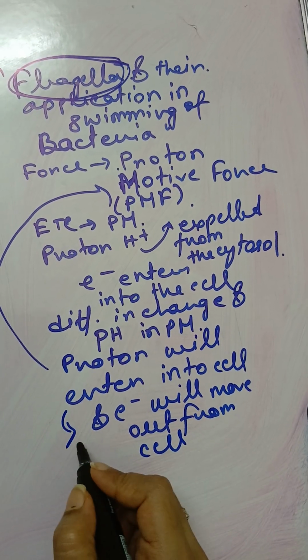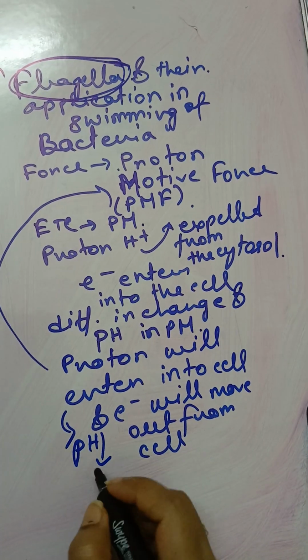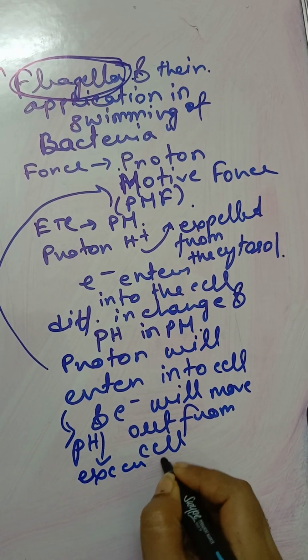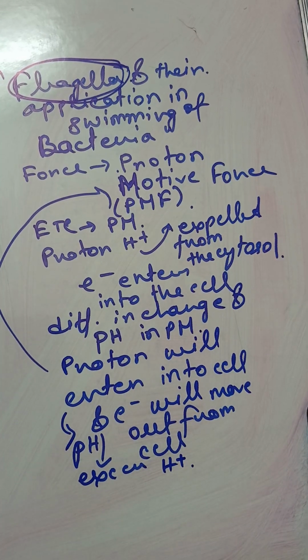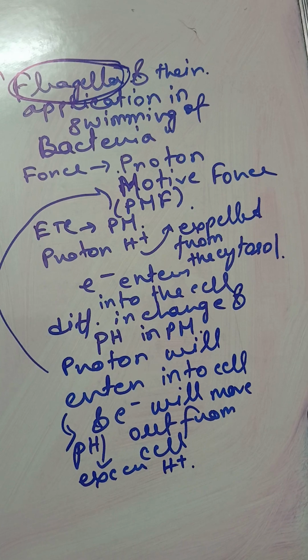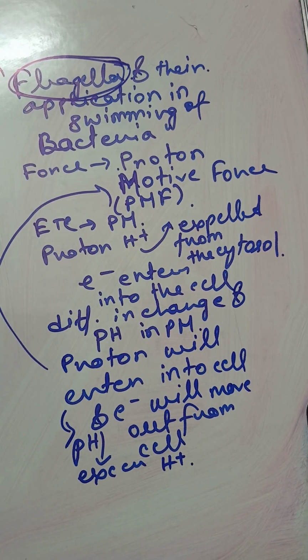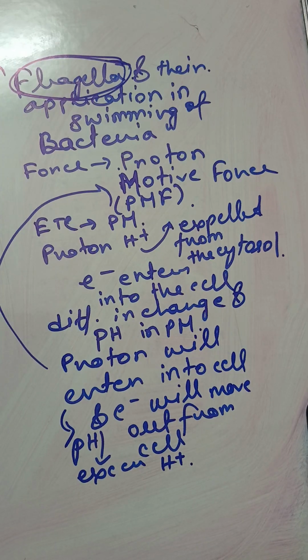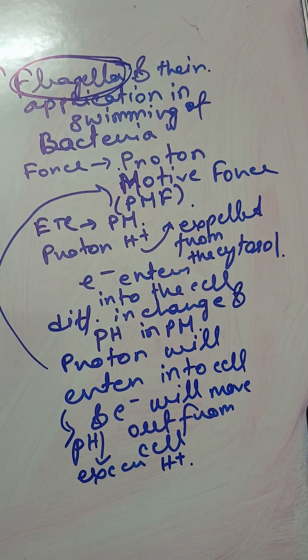Inside the cell the pH becomes very low due to the excess amount of protons. So again there is a difference in the protons or the charges, along with the pH level, because where the proton is high, the pH is lower, because more H plus means the environment is acidic in nature.